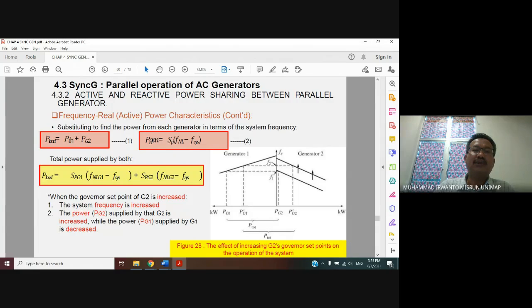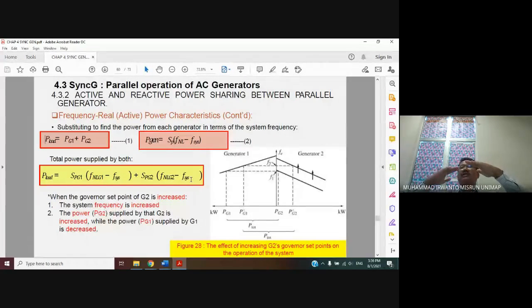So PG1 is equal to SP1 multiplied by the no load frequency of generator 1 minus the system frequency, plus PG2 equal to the slope of generator 2 multiplied by its no load frequency minus the system frequency.